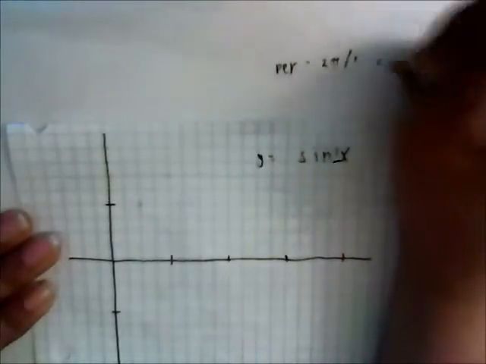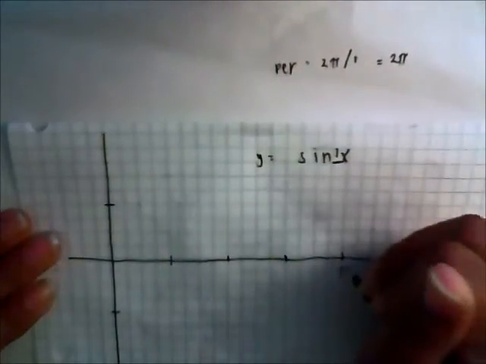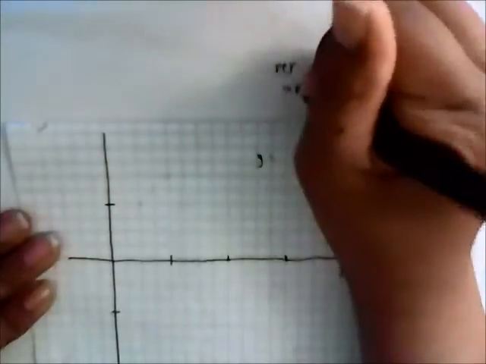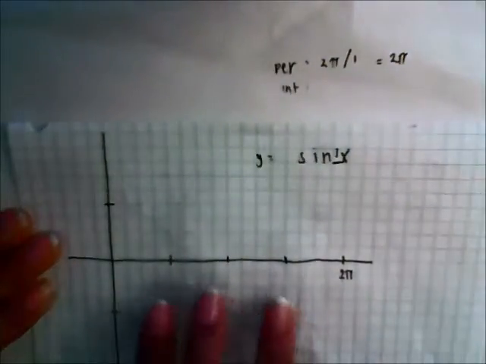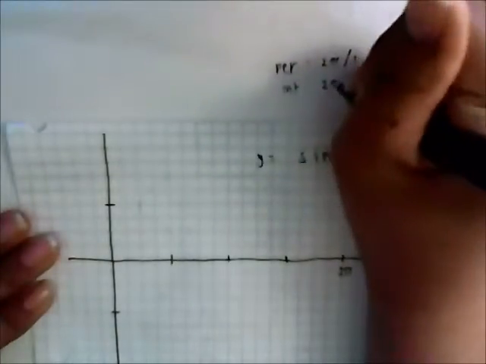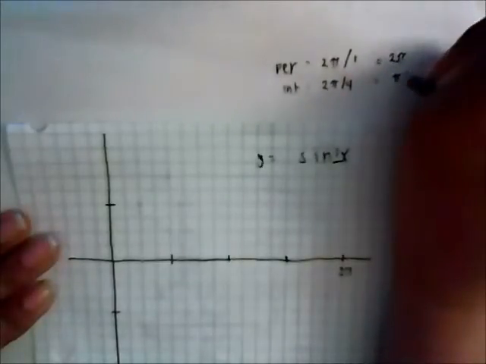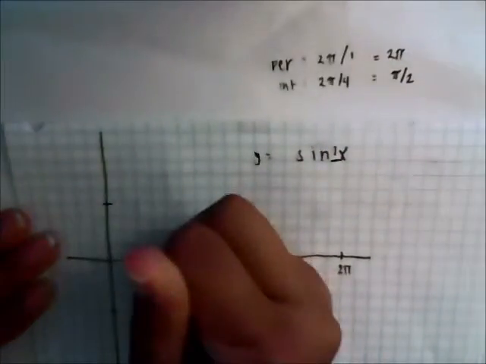So 2 pi divided by 1 equals 2 pi. Then we have to find the interval so that we could figure out these 3 points. This is found by dividing the period by 4. So 2 pi divided by 4 is pi over 2.